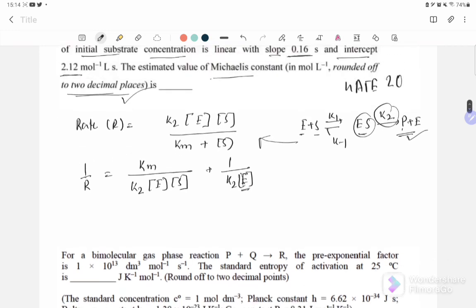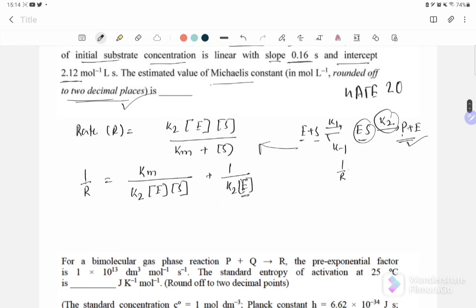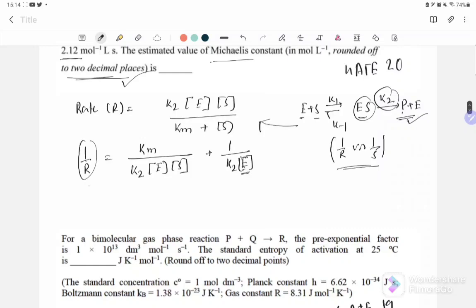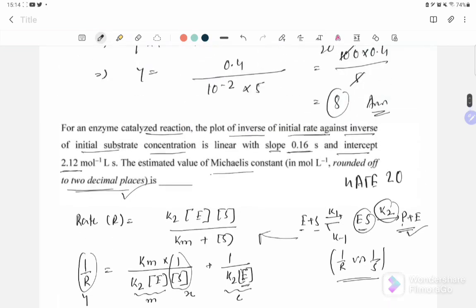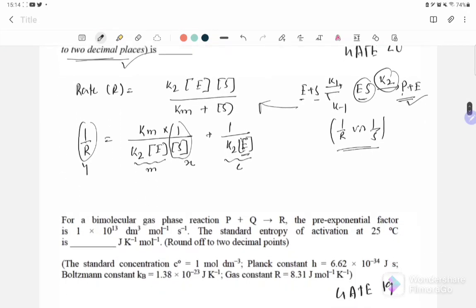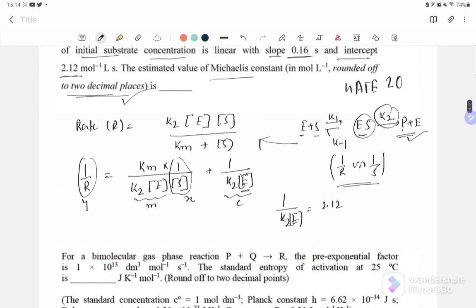The graph is 1 by R versus 1 by S. If this is Y and this is X, then this part will be M, the slope, and this part will be C, the intercept. So the intercept is 2.12, so 1 by K2 E is 2.12, in mole inverse liter second.